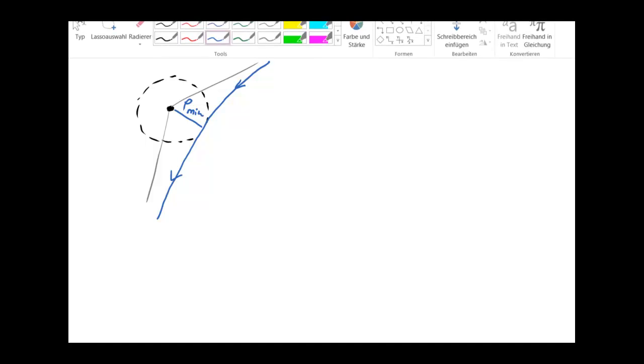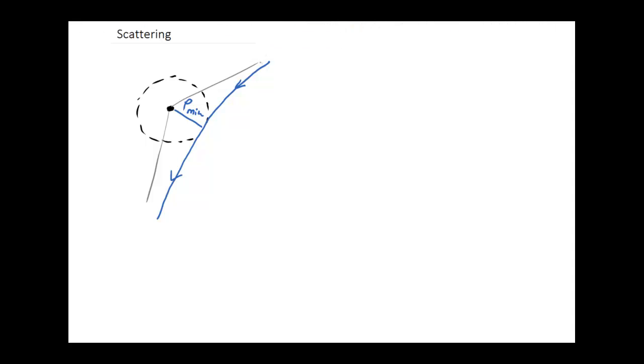And these gray lines characterize the asymptotic trajectory of the particle.